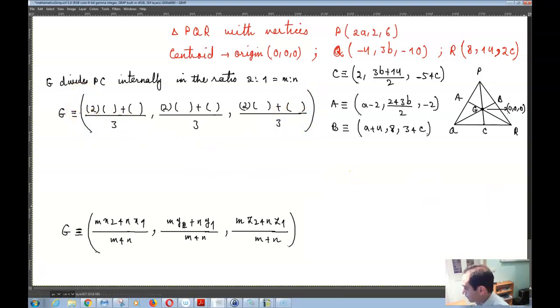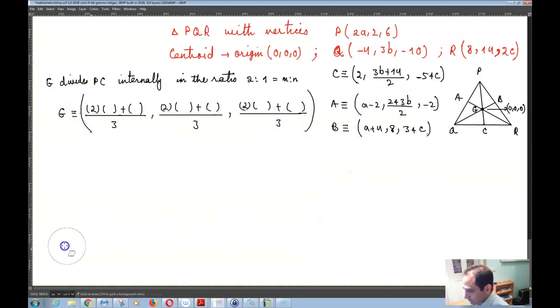Now, the coordinates of G are 0, 0, 0. And over here you have x2 and x1. So now these are the coordinates of P and C. I have to take P as point 1 and C as point 2.